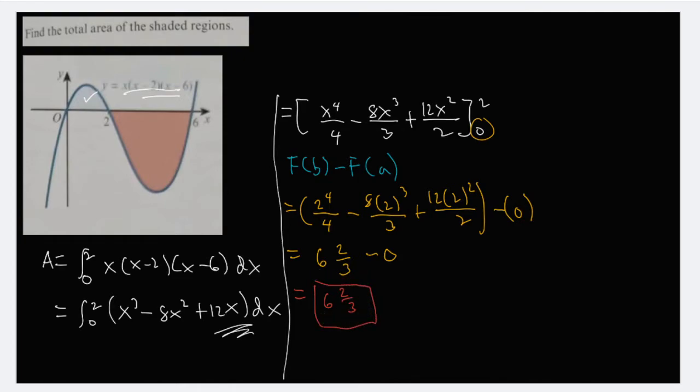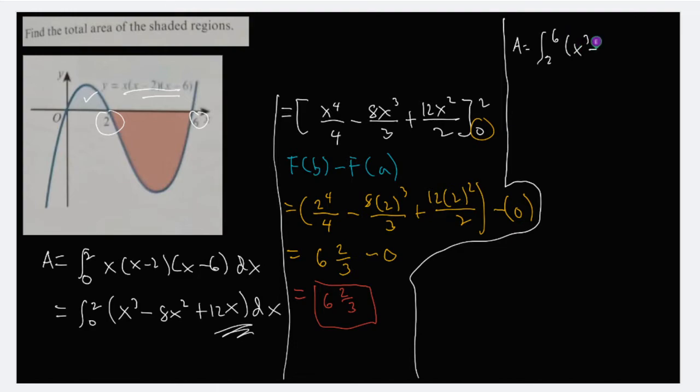Now, we're going to integrate the second one, the one below the x-axis. We will have the same equation, of course, because they have the same curve. The area will be the same equation but the limits will be different. The limits will be from 2 to 6. So it will be x raised to 3 minus 8x squared plus 12x dx.